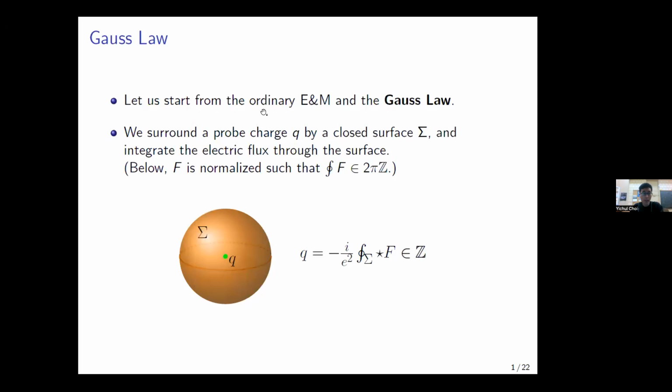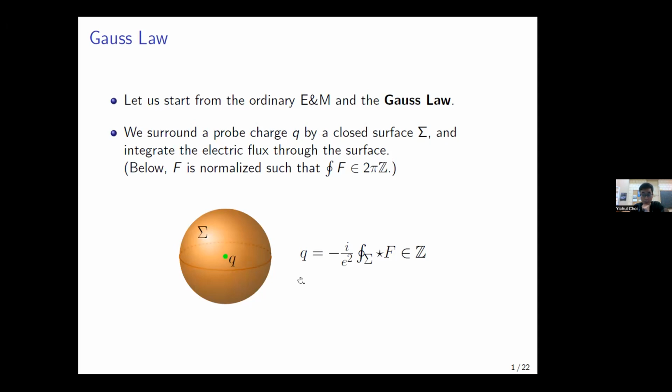So let me begin with something that everyone is familiar with, which is just the usual electromagnetism. In EM, one of the first things that we learn is the Gauss law. The Gauss law says that we can measure the electric charge of a particle by surrounding it with a closed surface, say sigma, and then integrating the electric flux through this surface.